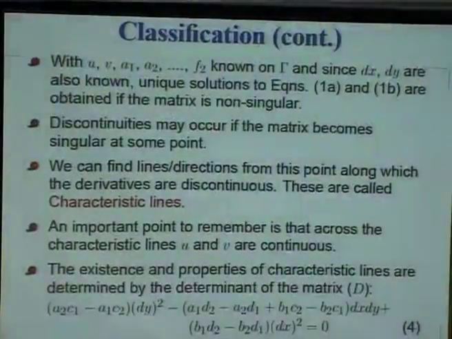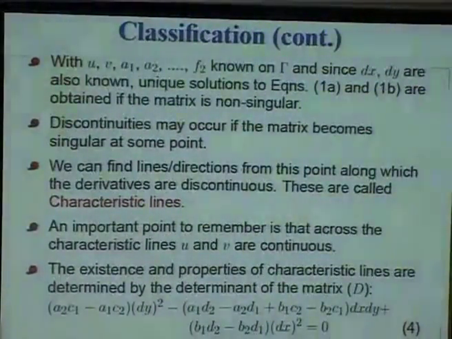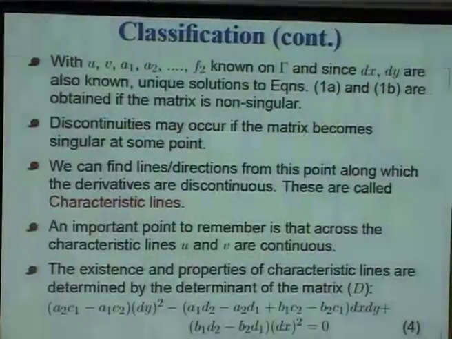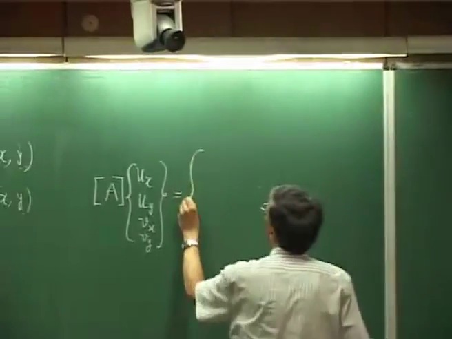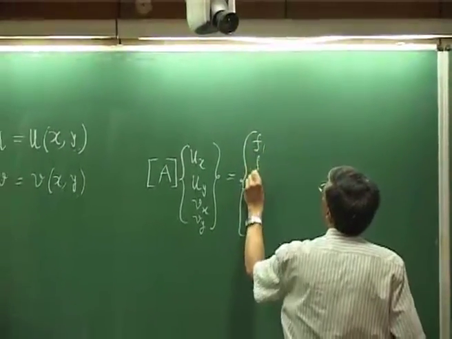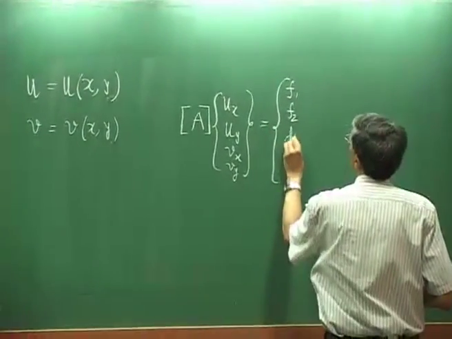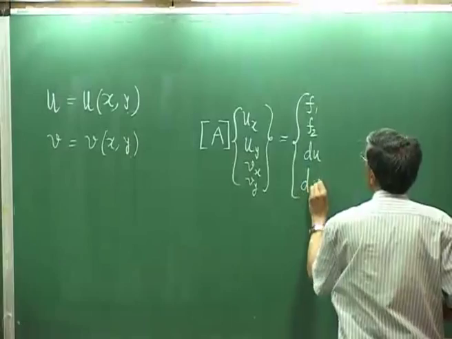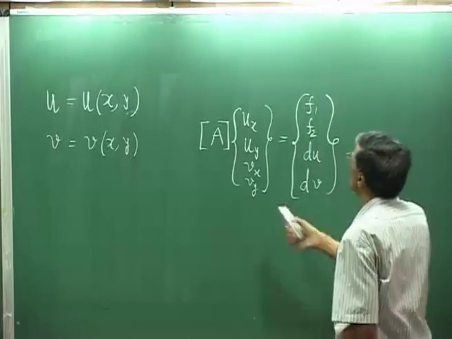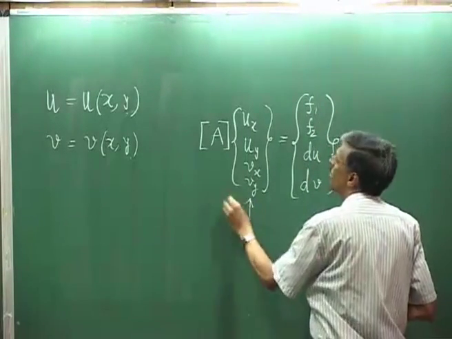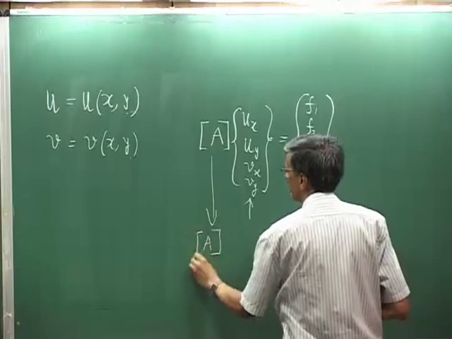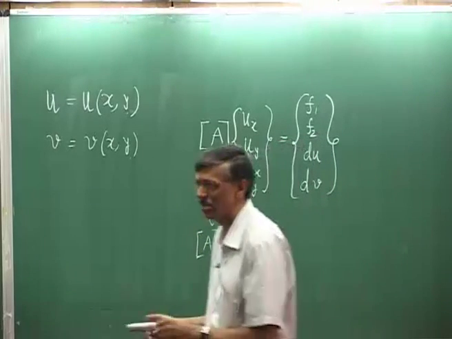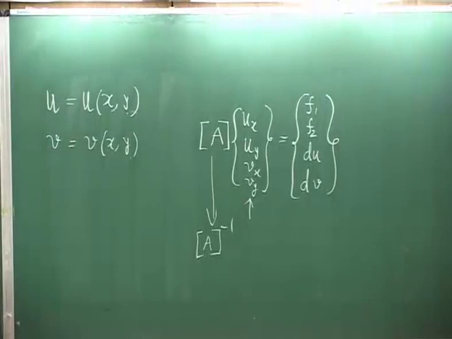We have ux, uy, vx and vy, and on this side we had f1, f2, du, dv. So, this could be solved for this, provided we can get A inverse. That is what solving that linear algebraic equation means.